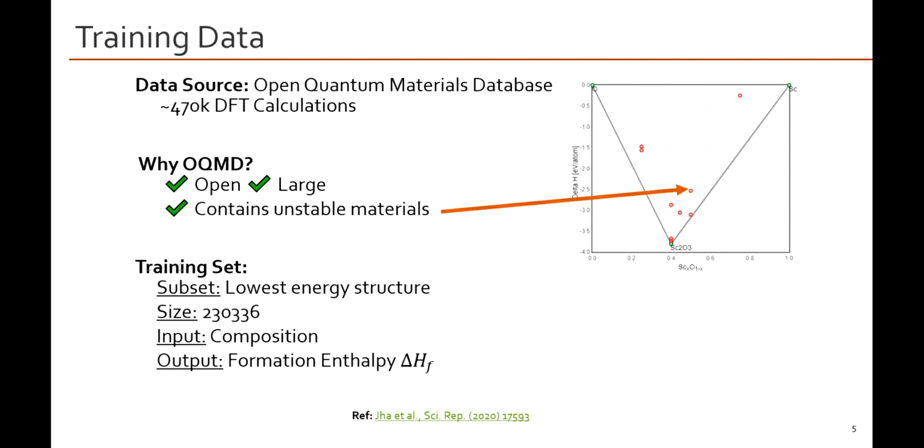In contrast, if I put this compound in contact with scandium, it can actually form a lower energy structure by decomposing from its current structure into a mixture of scandium oxide and scandium. And you'll see why that's important later when we go to validate our models.